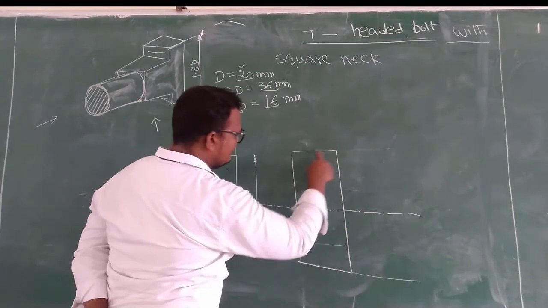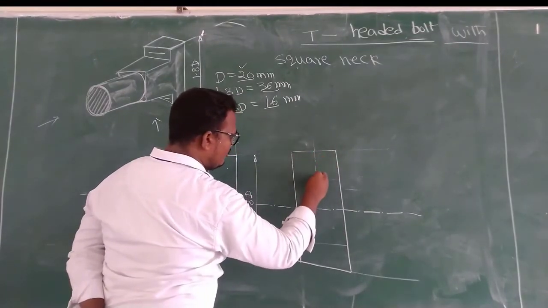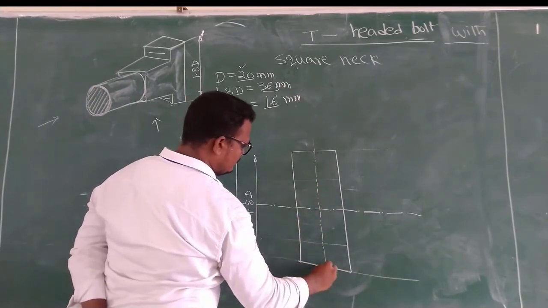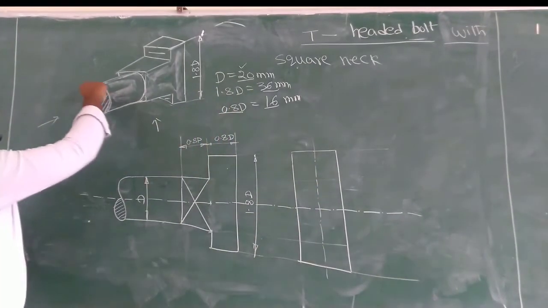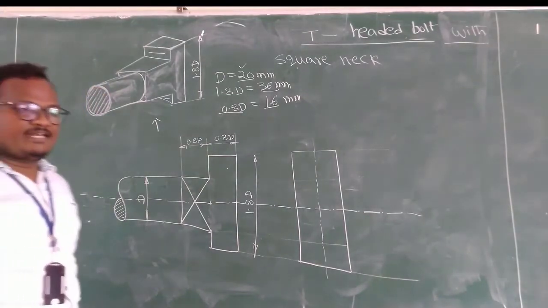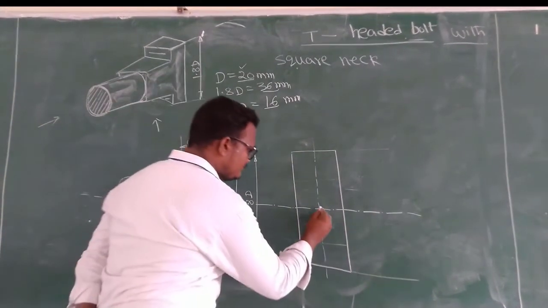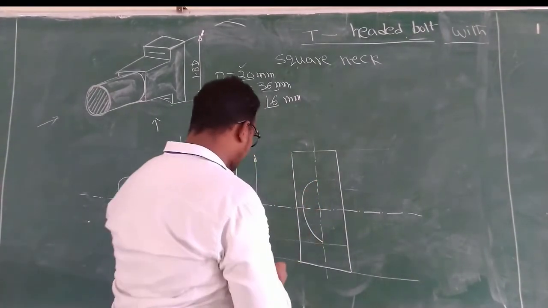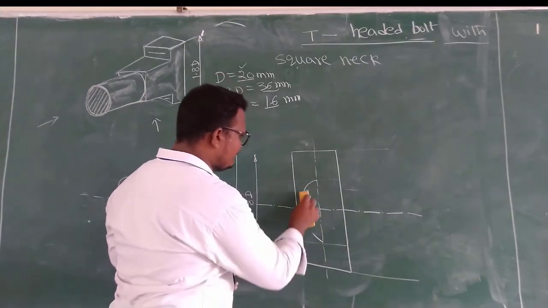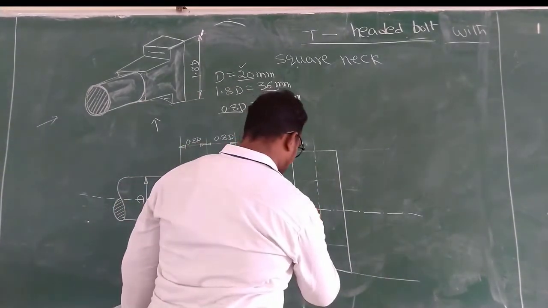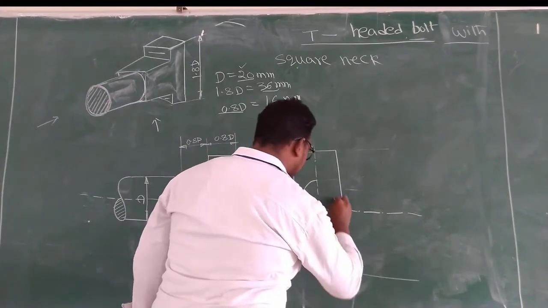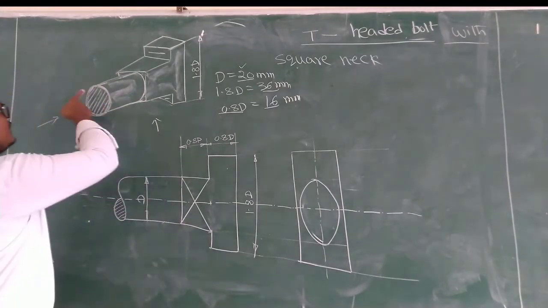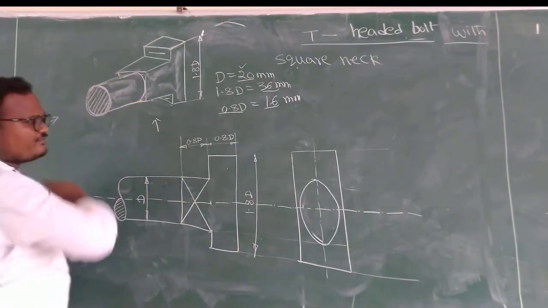In this length, draw one more axis line. Here, what is the diameter? 20 mm, that means 10 mm as the radius. Draw a circle.